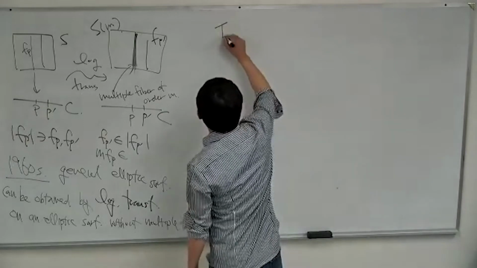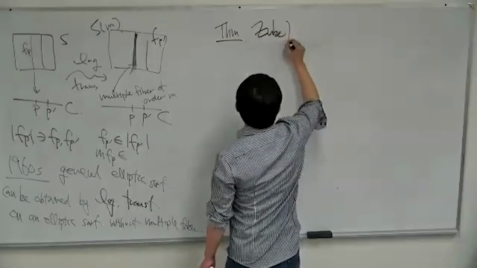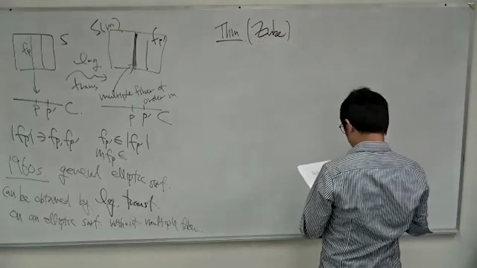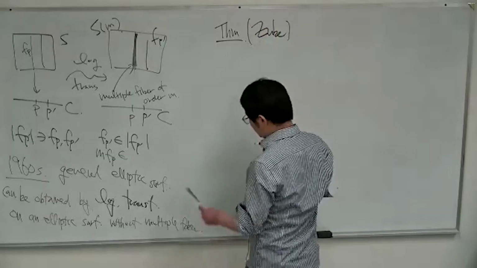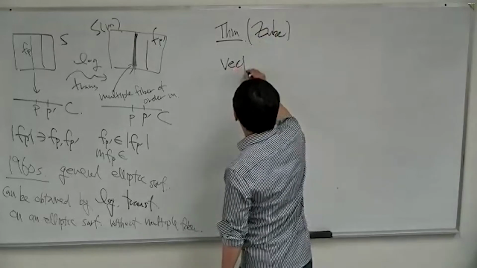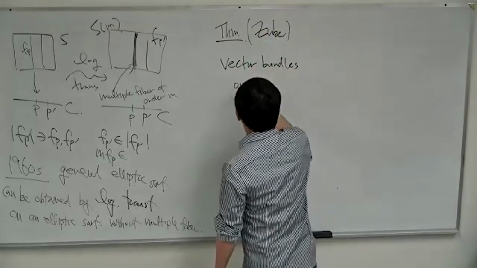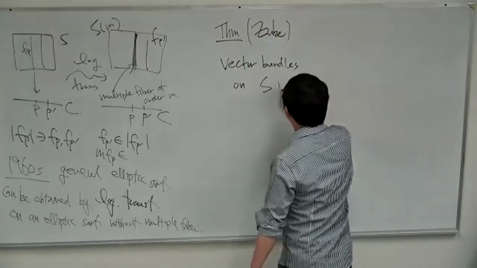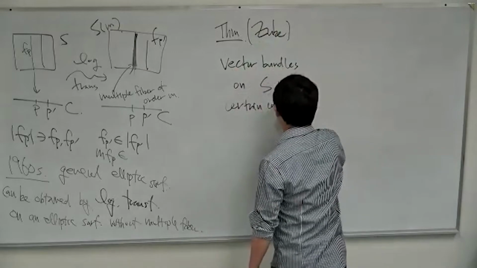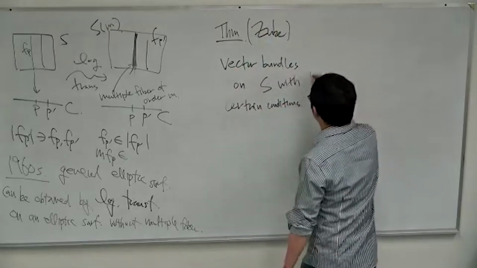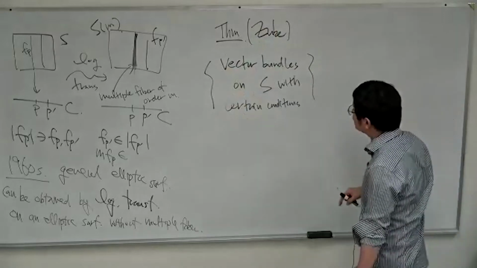But anyway, there's a theorem by Joubert. He constructs a certain transformation which sends some vector bundles on S with a certain condition, sorry, let me just state the theorem in this way.